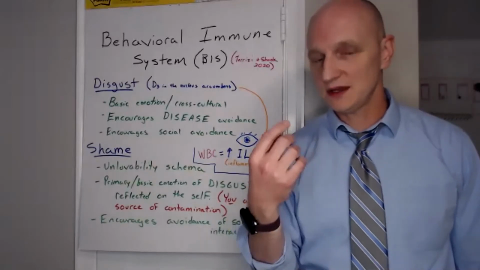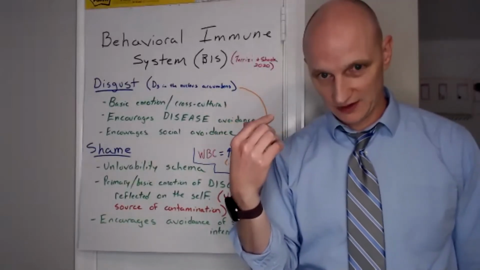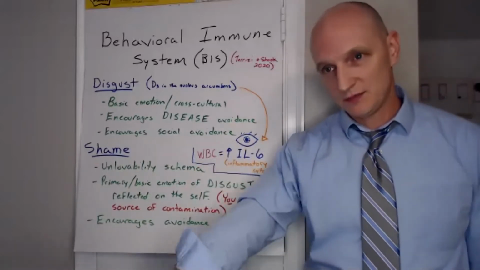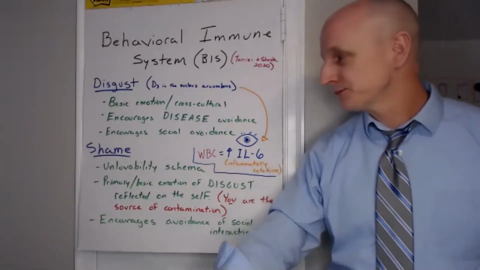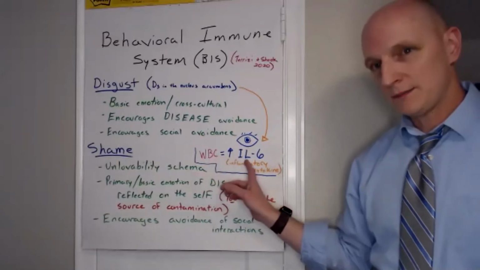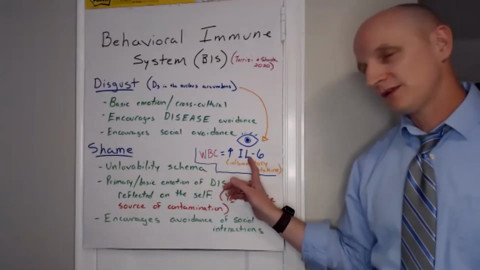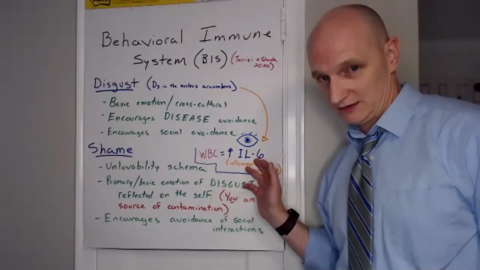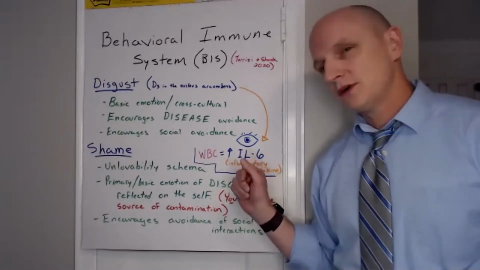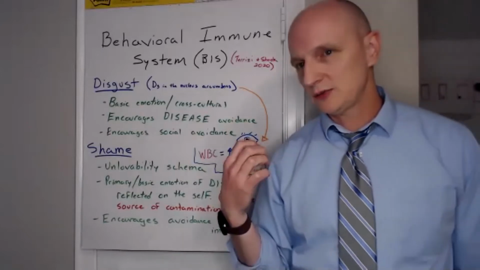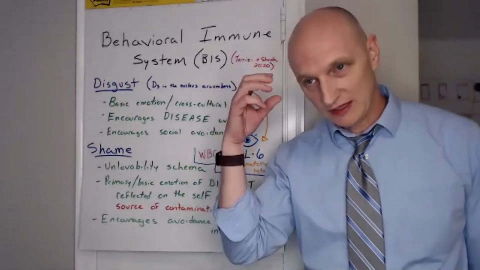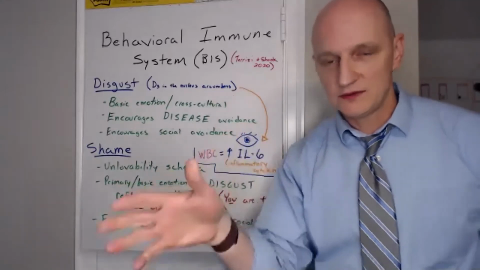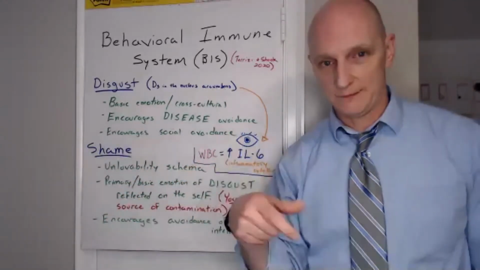The interesting thing about our eyesight is that if we see something disgusting, our white blood cells start pumping out an inflammatory cytokine called IL-6, interleukin 6. So even before we are exposed to disease, this is all happening in the brain. Our immune system is getting all revved up.